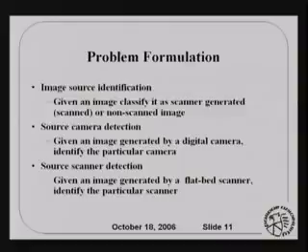In the second problem we have the a priori information that this image is generated by a digital camera. We wish to know which exact camera has generated that image. And then in the third problem, source scanner identification, we have similar a priori knowledge that this is a scanned image. This has been scanned by a certain class of scanners, and we wish to know which particular scanner has scanned that image.